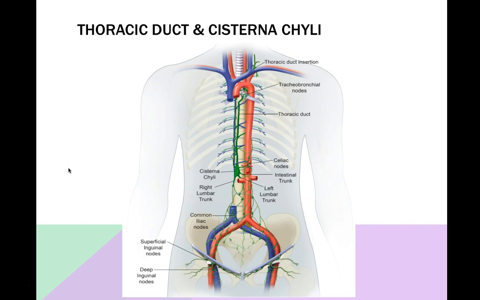The first structures we will discuss are the thoracic duct and your cisterna chyli. Three-quarters of your body is drained by the thoracic duct.